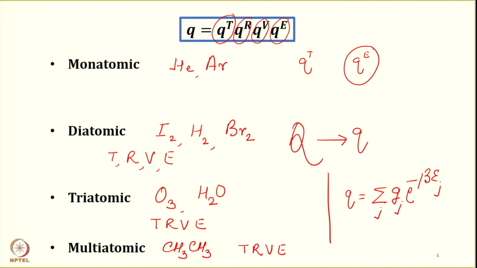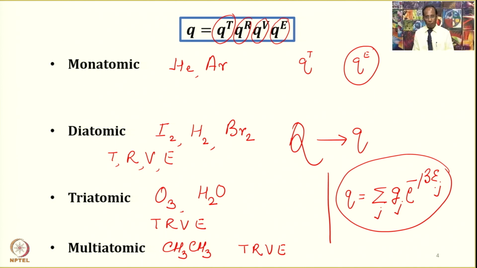When we started our discussion on deriving translational contribution to partition function, you remember that we started with this expression, and then we talked in terms of the energy levels of a particle or a molecule which is free to move in 1 dimension, 2 dimension or 3 dimension, and eventually we came up with an expression that Qt is equal to V over lambda cube.